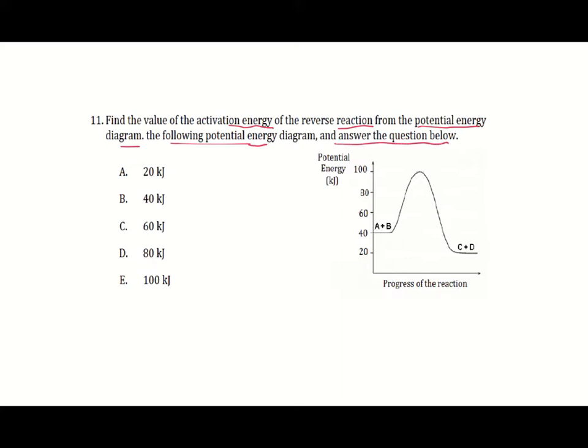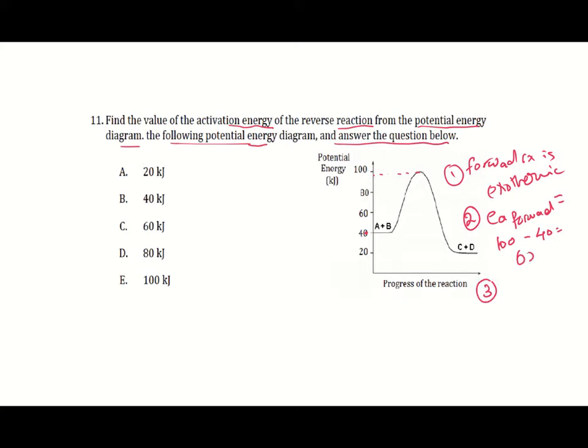Let's label the graph first. First, you should recognize that the forward reaction is exothermic. Second, the activation energy of the forward reaction equals 100 minus 40, equals 60 kilojoule per mole.